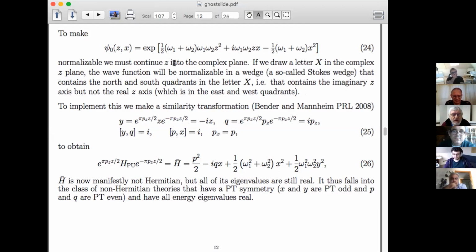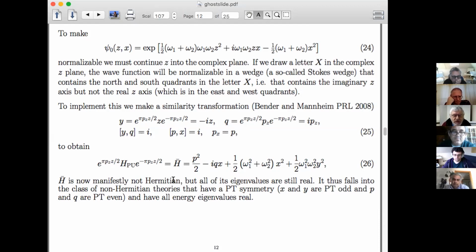So if we can continue z into the complex plane, but leave x where it is, we can make this wave function normalizable. The way that we did it was we made a similarity transformation, which preserves the commutation relations and gave us a new Hamiltonian with, and you notice that this one has a minus iQx term in it.